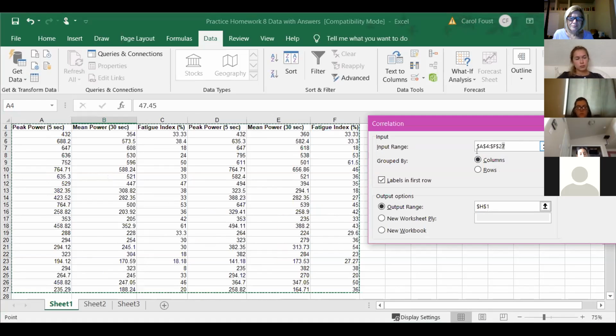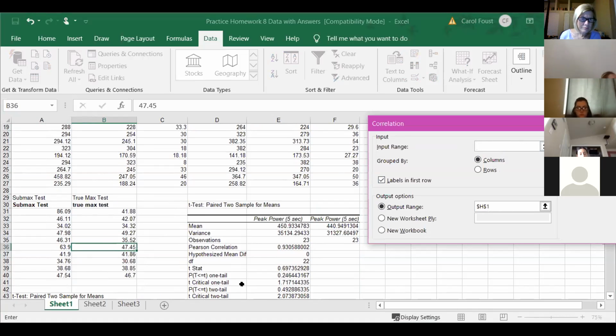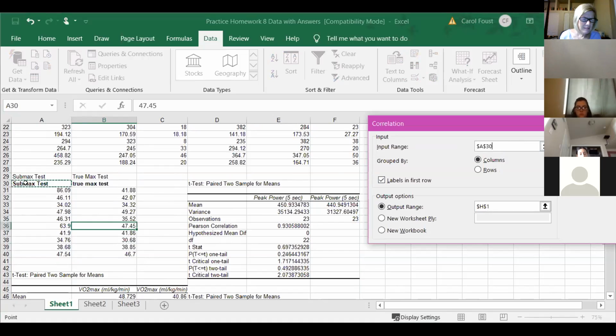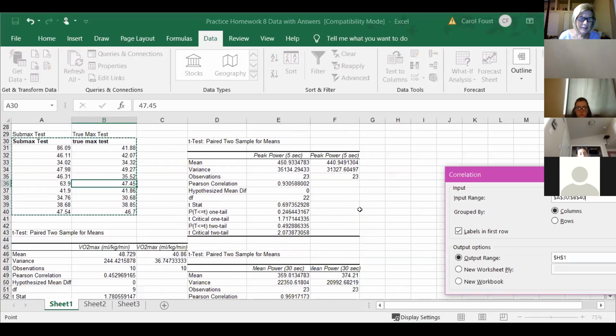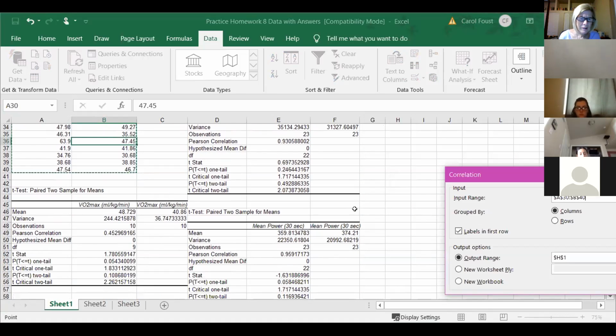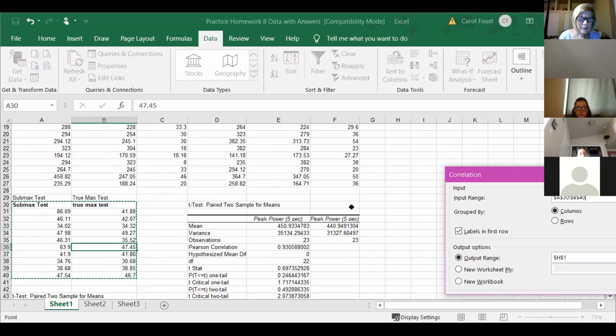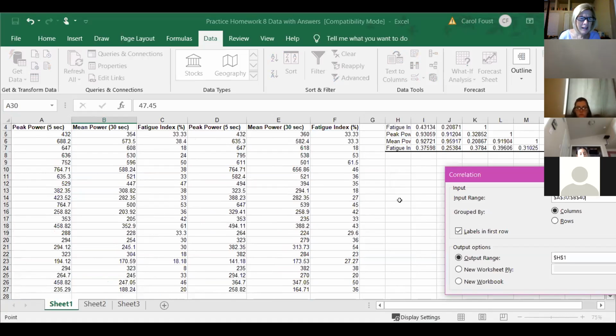I'm going to get all my data. I've got my labels in the front row. Let me put it actually in H12.